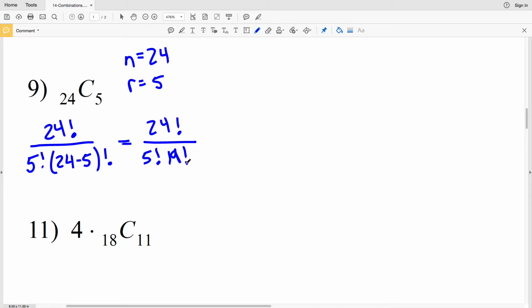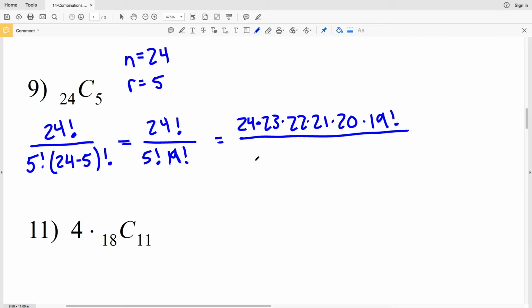So my 19 is my larger factorial in my denominator, so I'm going to use this when canceling out with my 24 factorial. So 24 times 23 times 22 times 21 times 20 times 19 factorial is going to be all over 5 factorial, which I'm going to write as 5 times 4 times 3 factorial, and that will be multiplied to 19 factorial.